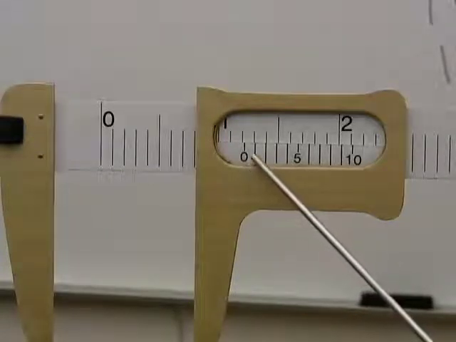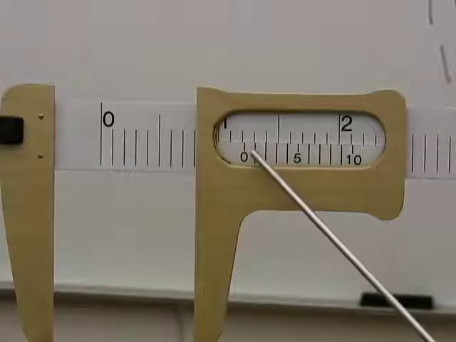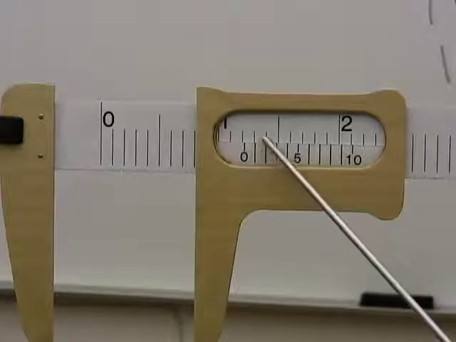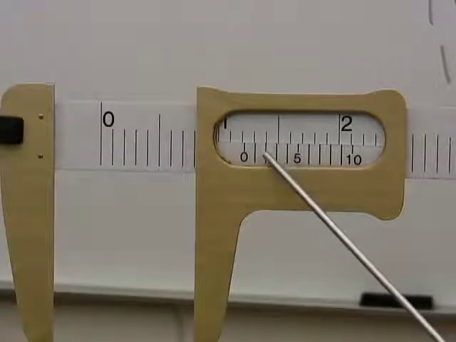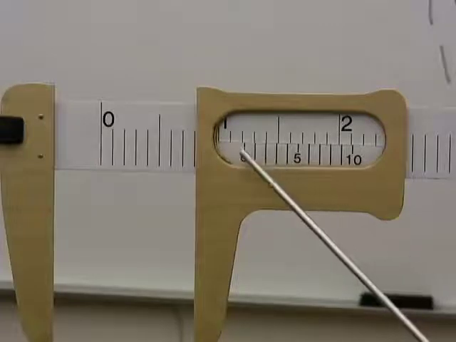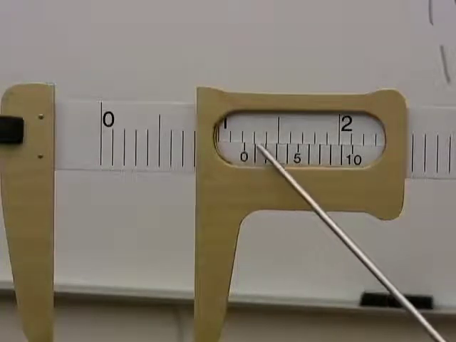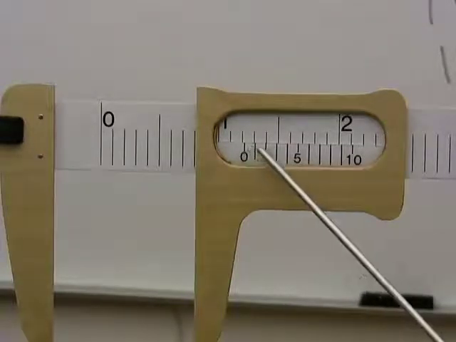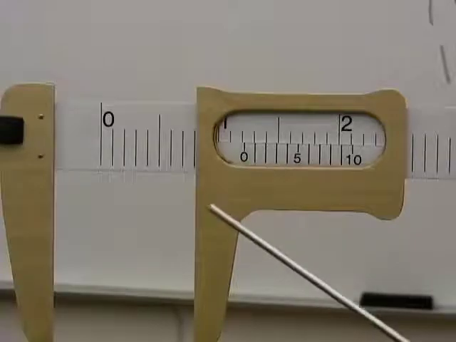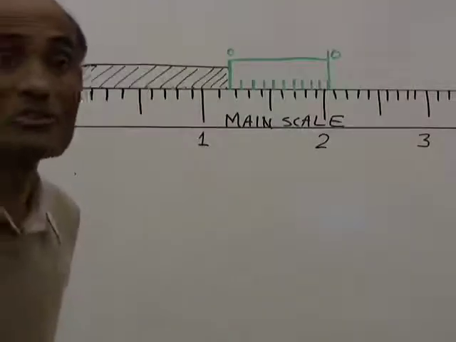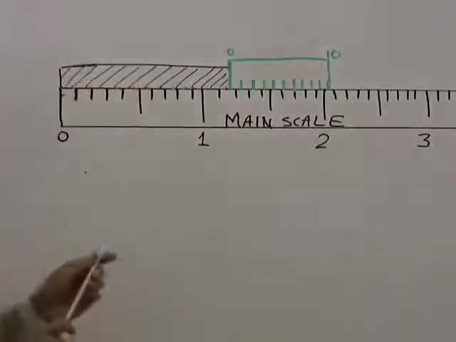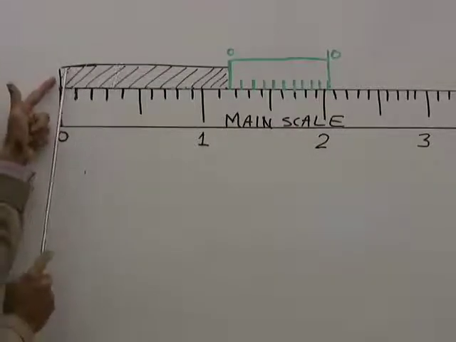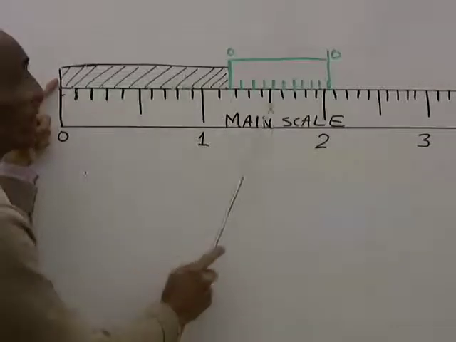Is the first vernier division exactly in line with the main scale? No. How about the second one? Yes, the second one is in line. That means the vernier 0 has now been pushed to the right from here a distance equal to 2 times the least count.